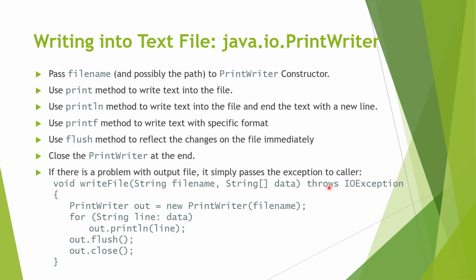So you gotta either put this constructor inside a try block and catch the exception in the same method, or like the way I did, you can throw the exception from this method so that the caller of this method can take care of it by either catching it or throwing it as well.